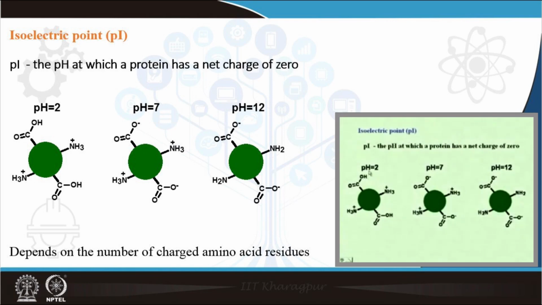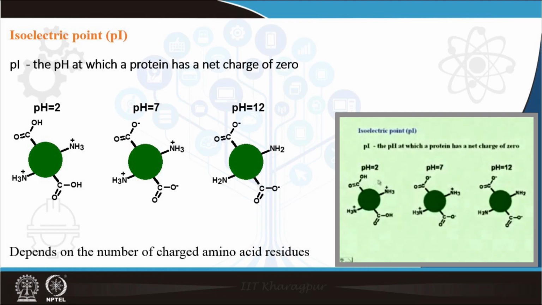So, say at pH 2, we have all the side chains protonated as well as the amino and the carboxylic acid terminals protonated. We cannot say which is which. We know that one of these has to be the terminal and one of these has to be the terminal, but this may belong to a lysine and this may belong to either an aspartic acid or a glutamic acid.